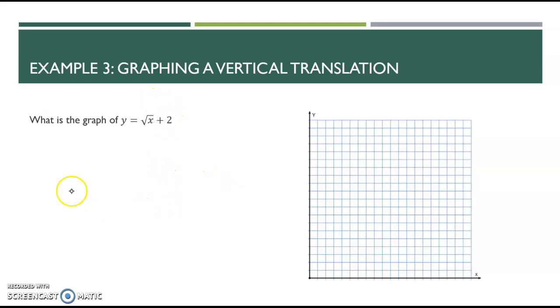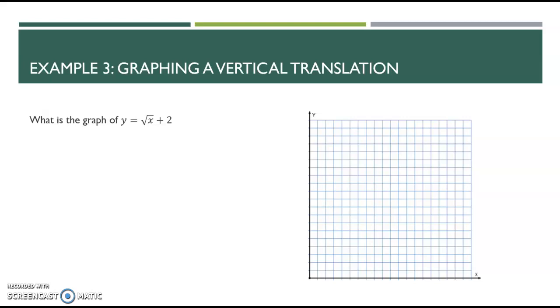Now with our next one, we are going to talk about when we have a +2 outside of the square root, a number that we are adding or subtracting from our square root, and how that affects our graph.